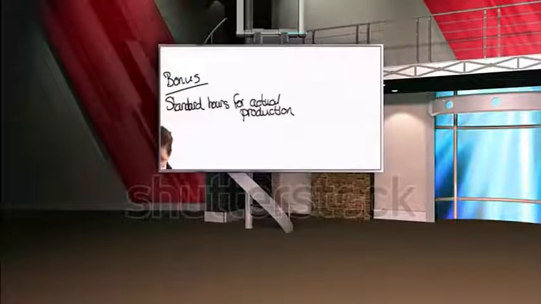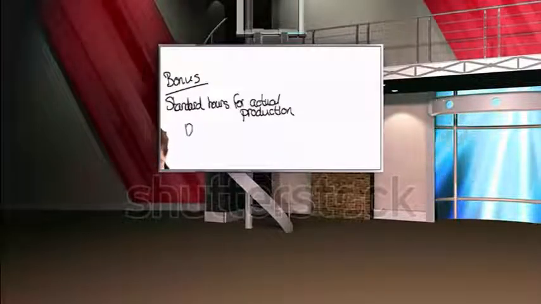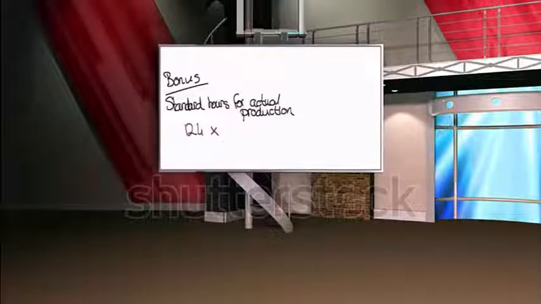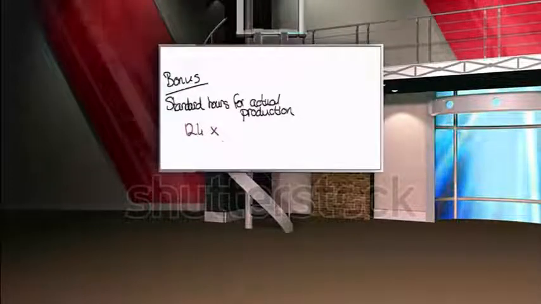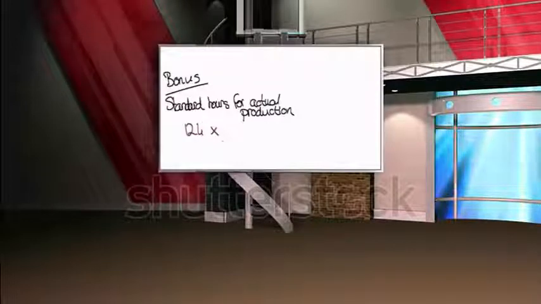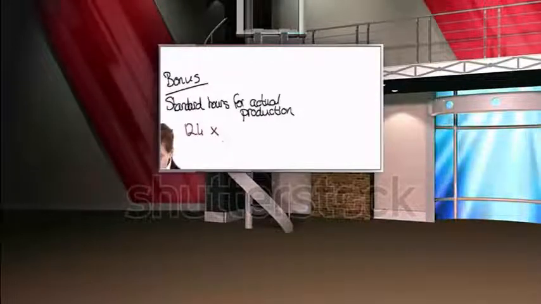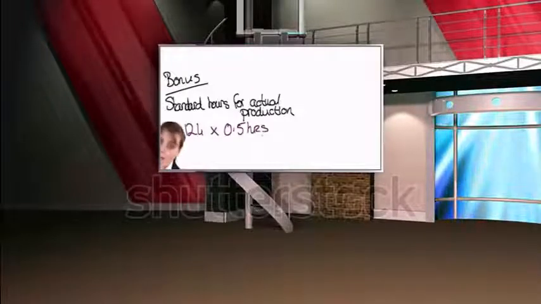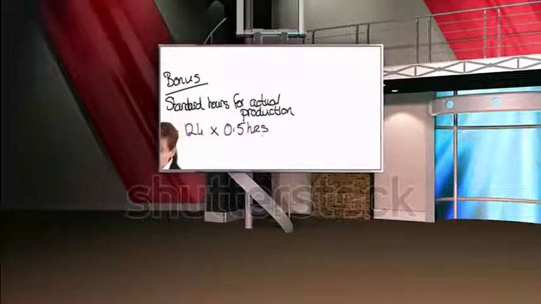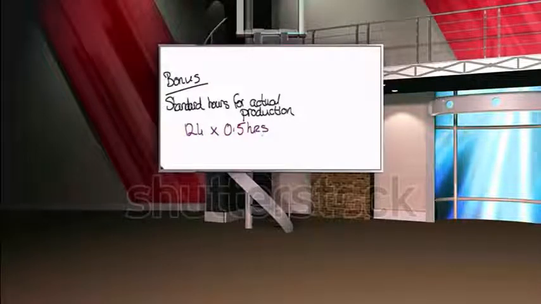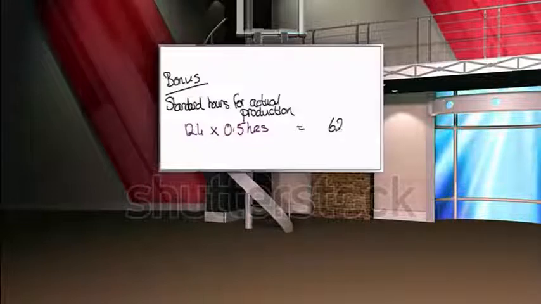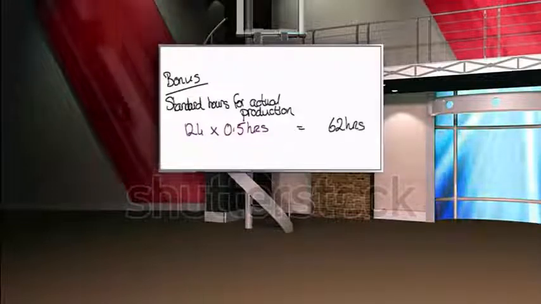So if we go back to our bonus calculation, she has produced 124 units, and in hours, how long do we expect that to take? Well, if we expect each unit to take 30 minutes, that would be 0.5 hours. So if she has produced 124 units, we would expect that to take 62 hours in total.